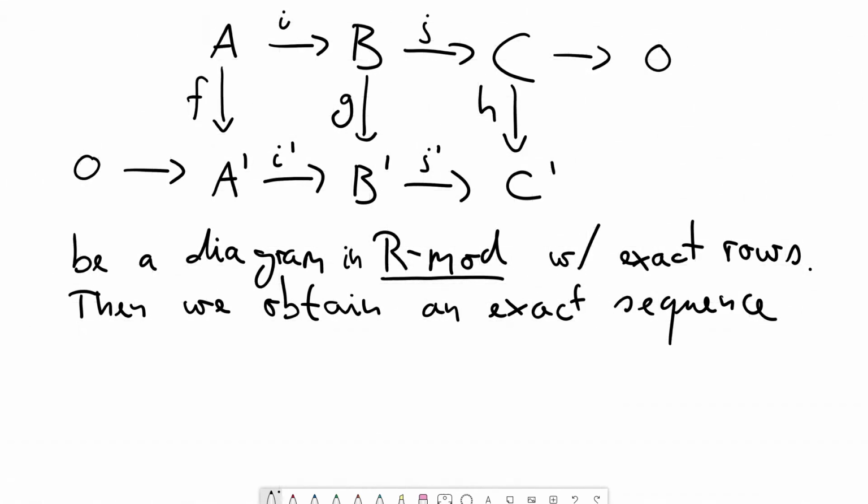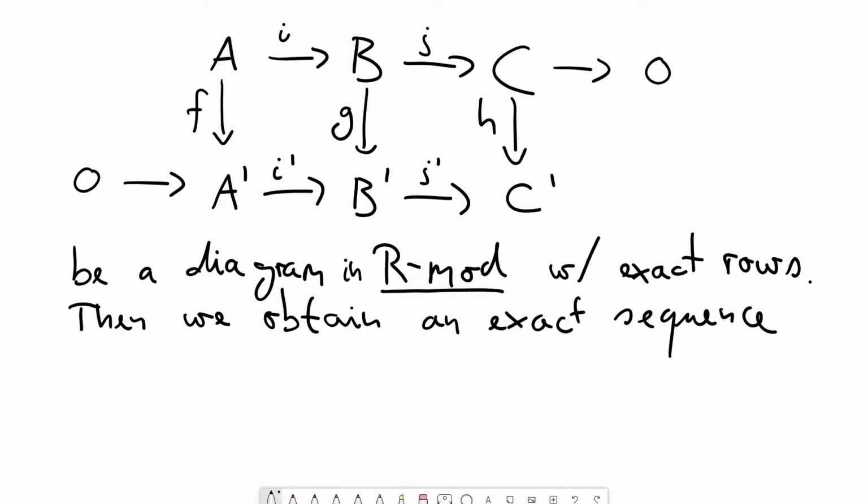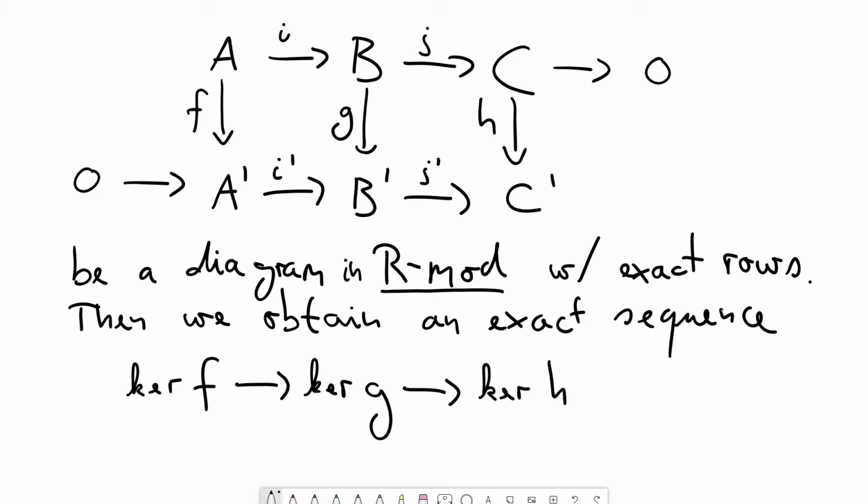So it starts at the kernel of F, so here at this submodule of A, at the kernel of F. From there we get a map into the kernel of G, and then further on to the kernel of H. And then we've got a mysterious homomorphism, which we will have to explain in the course of proving this lemma, called delta, also called the connecting homomorphism.